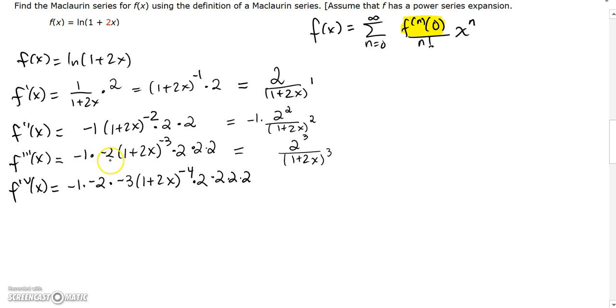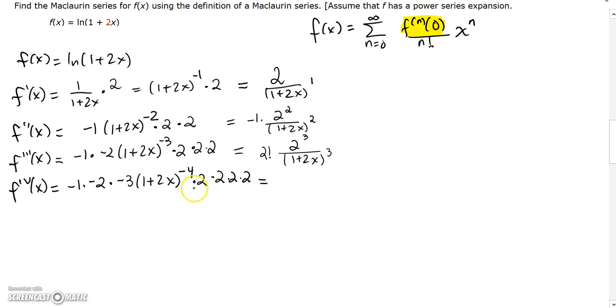And I also have this negative 1 and this negative 2, which end up being a positive. And since I see a 1, 2, 3, and I know I'm going to see a 1, 2, 3, 4 if I do it one more time, so if you need more derivatives, just do that for yourself. I'm thinking that's just going to be a 2 factorial. Two negatives will make a positive, and that'll just give me a 2 factorial there.